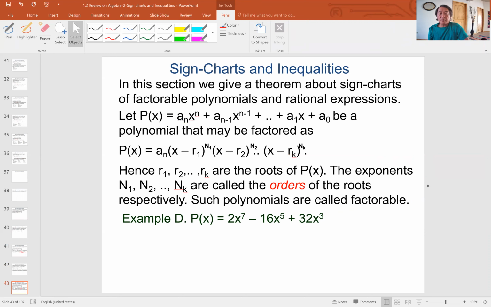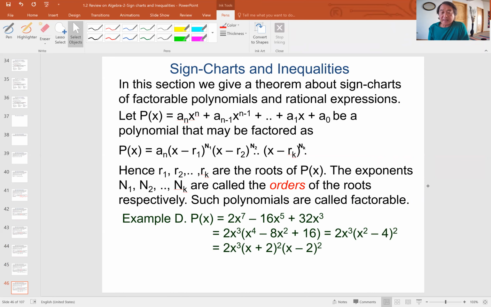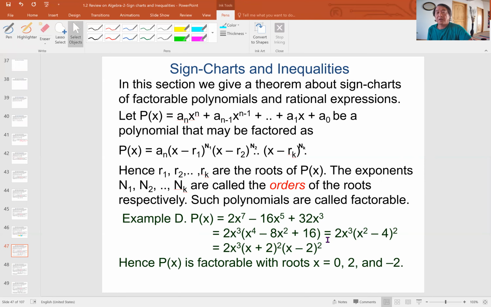So, for example, if I were to factor this all the way down, this is what it factors into. From here, I can read off the roots. They are 0 from this. And for x plus 2, the root is x equal to minus 2. And for x minus 2, the root is x equal to positive 2. So I get these 3 roots. The x shows up 3 times. The power for the x is 3.